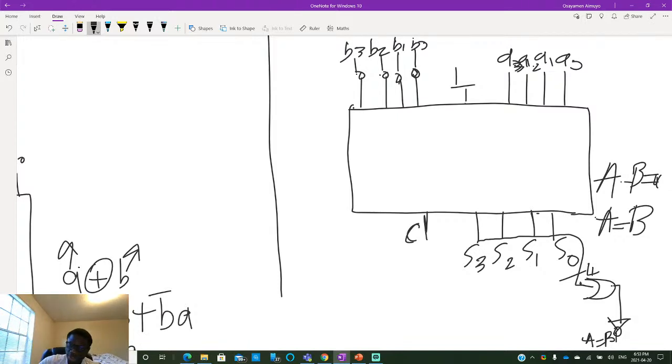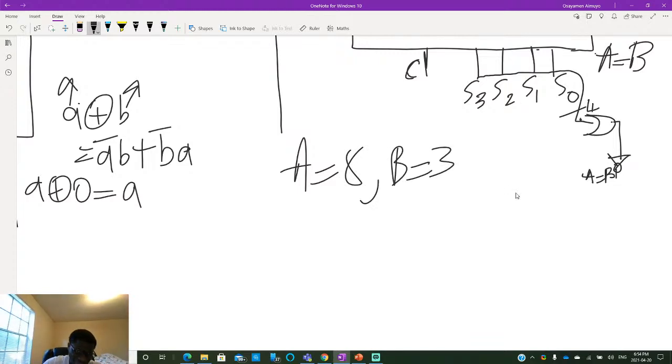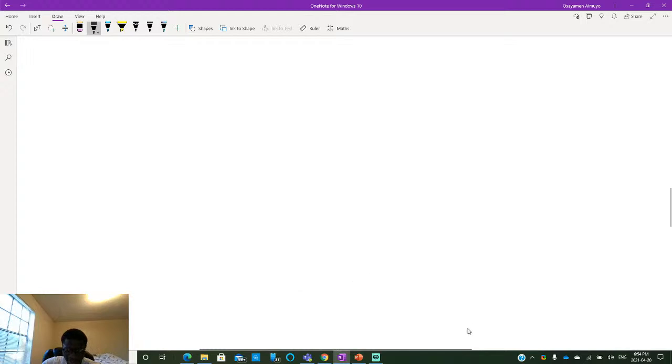And now the carry. The carry is a very useful phenomenon. Let's try some examples. A equals 8, B equals 3. I think we already did that here. Let me check if we have that.